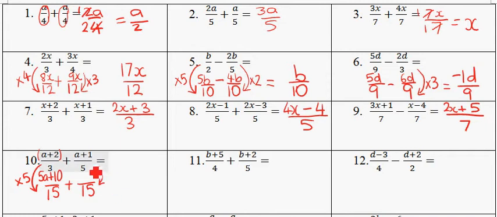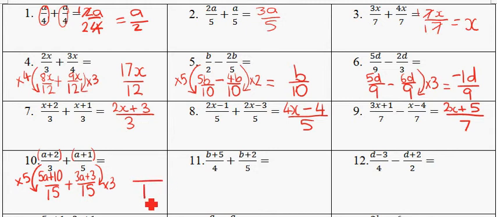Second fraction, to change from fifths to 15ths, we need to times by 3 to the top and the bottom, so we don't change the fraction. And of course we need to multiply the whole numerator by 3. So 3 times a is 3a plus 3 times 1 is 3.